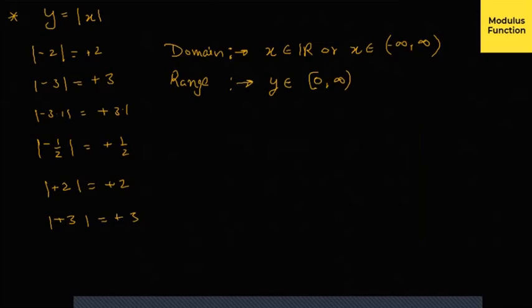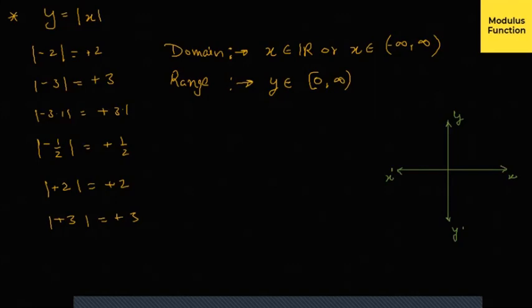Let me draw it here. This is x-axis, this is y-axis. Okay, this is x dash means negative x-axis, this is y dash means negative y-axis.